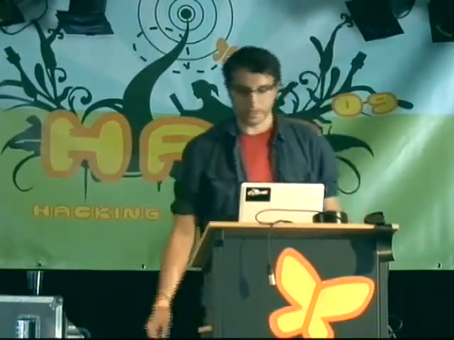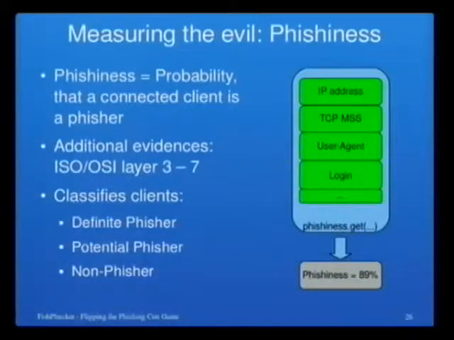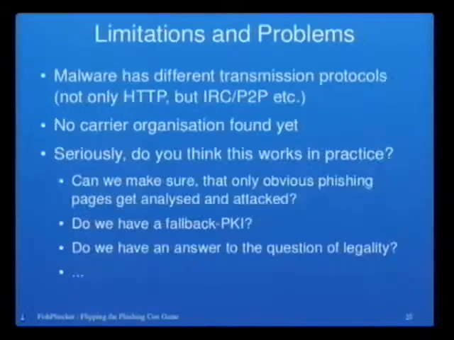This is a normal client which tries to log in with his own credentials in order to do online business. For calculating the phishiness, you can use other ISO-OSI layers. For instance, you can use the IP address, some TCP fields, the user agent, the login, etc. And after that, you can compute a value, and this value we call the phishiness.